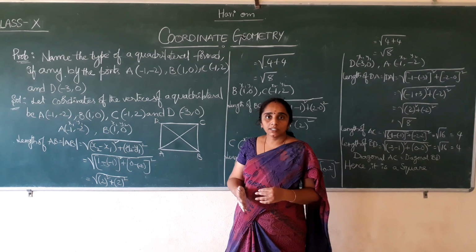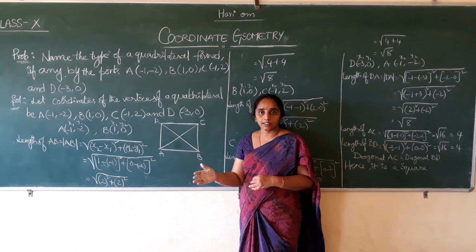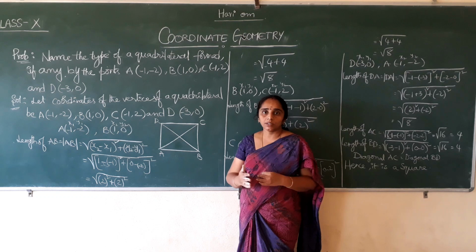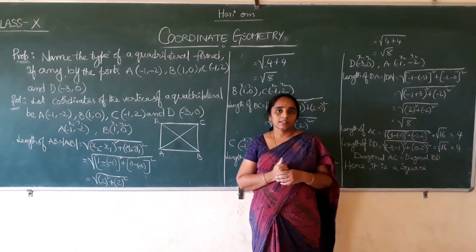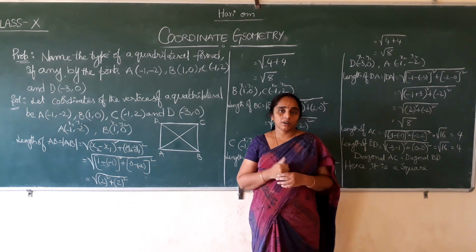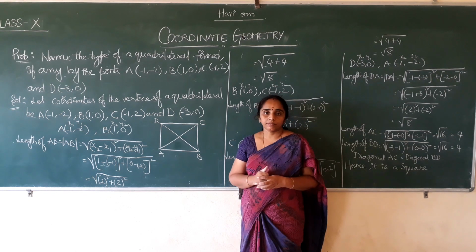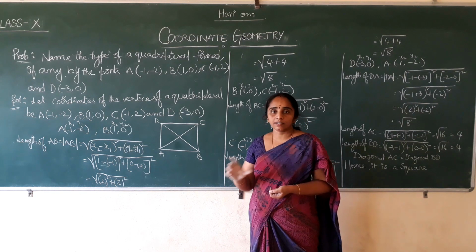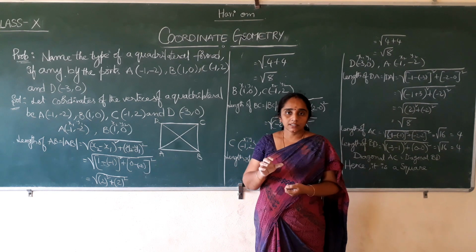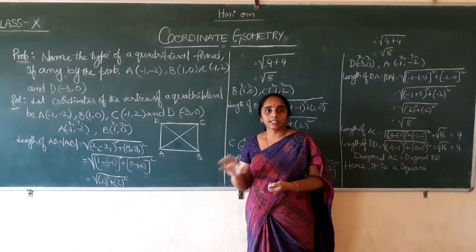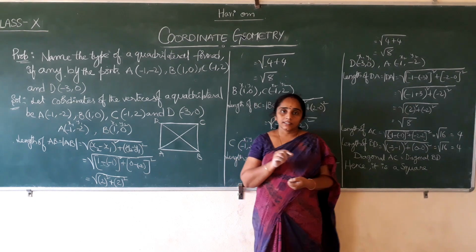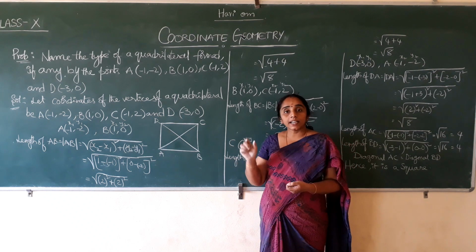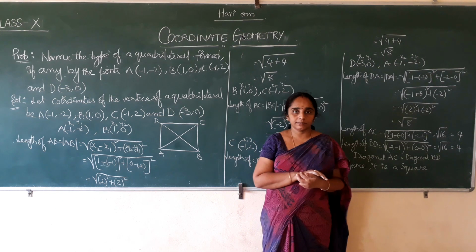Now to check out which type of quadrilateral, we should know the properties of quadrilateral. For that, first we discuss about parallel. Diagonals are also equal.